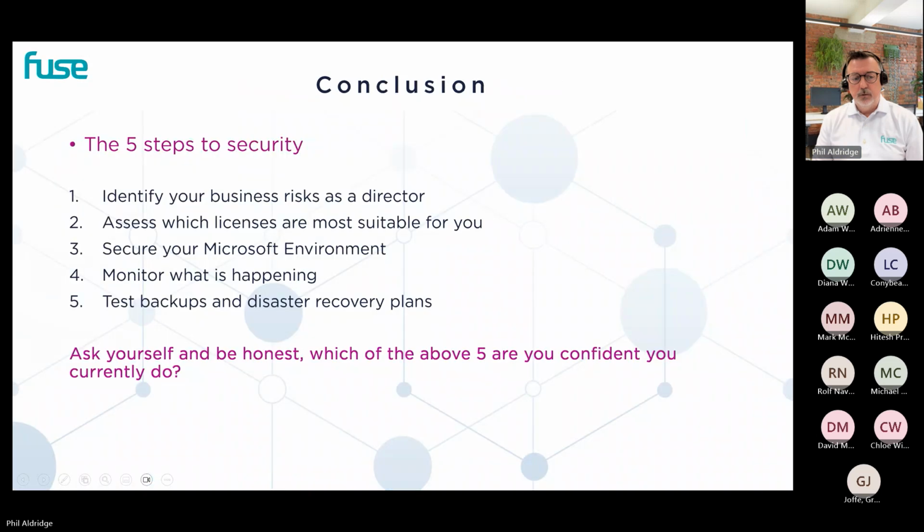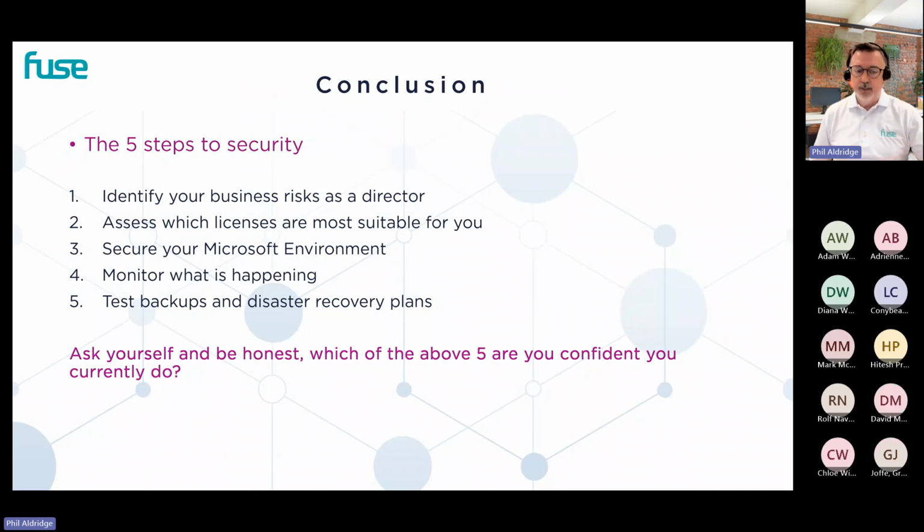So my next slide, I'm trying to wrap up everything that I've spoken about so far to explain to you all what the key things are that you need to do. Understanding your business risks as a director, or as somebody supporting directors, I think is key, because I've mentioned it before and I mention it again.